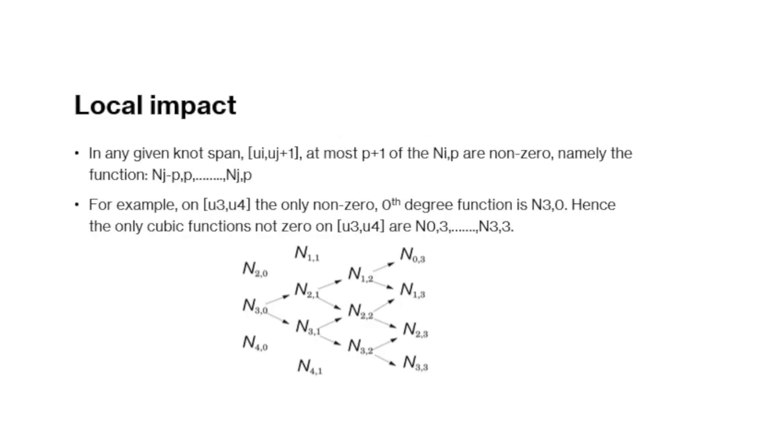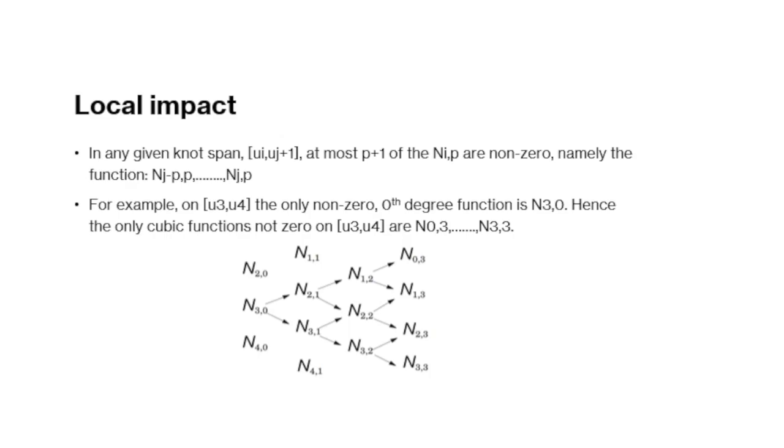So there is this property called local impact, which says that the value of a B-spline at a point depends just on a few control points localized nearby, and vice versa. If you modify a control point or the coefficient of one basis function, it will affect just some local neighborhood.